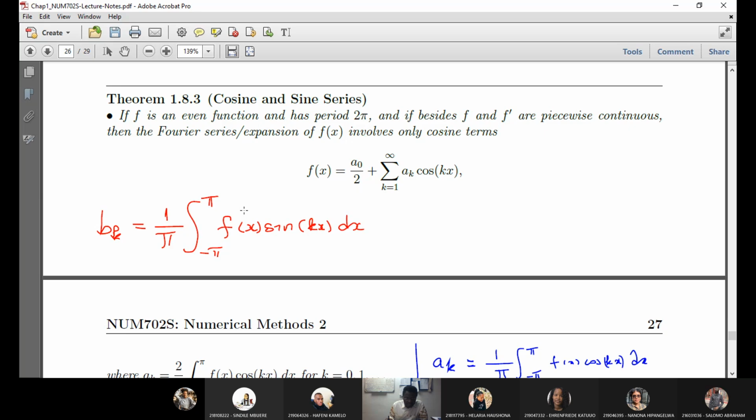Here you have an even function, and this function is odd. And the product of even and odd gives me what? An odd function. Now, if I integrate an odd function over an interval centered at 0, it is 0.